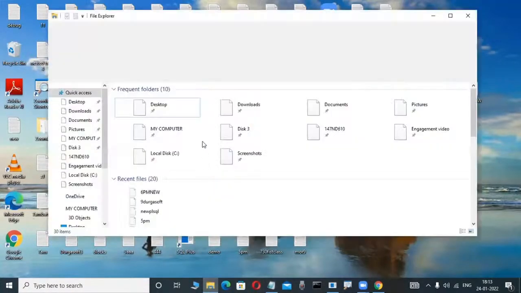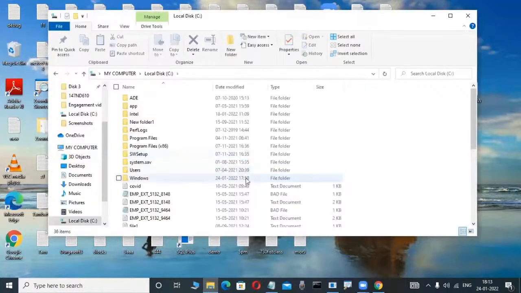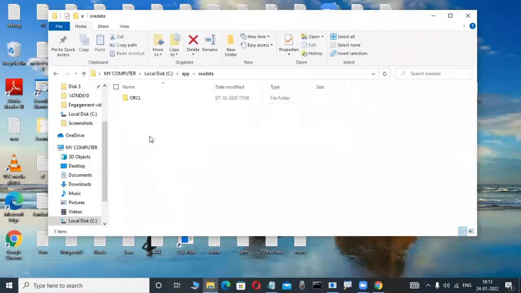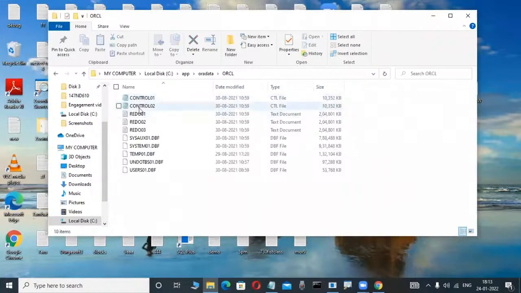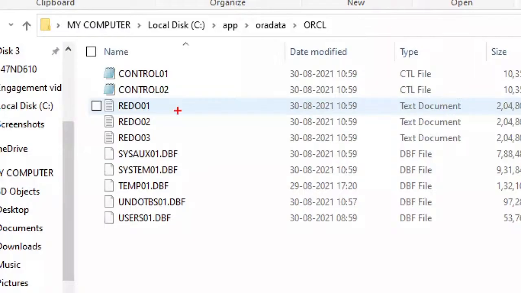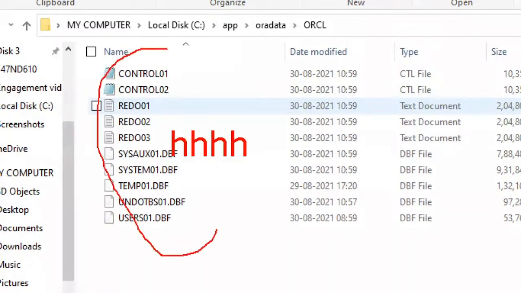I'm installing Oracle in my system. How you install Oracle, we will learn in the next classes. Don't worry. Say I'm installing Oracle in the C drive somewhere. In this C drive, your table is not available. Whatever table I'm creating is not visible in the C drive or D drive.